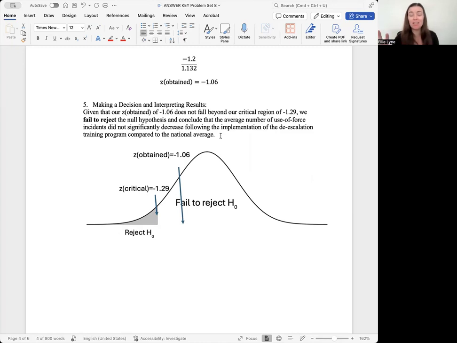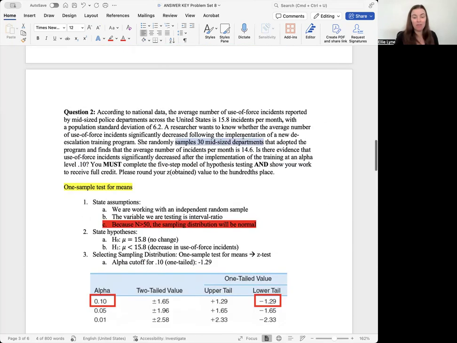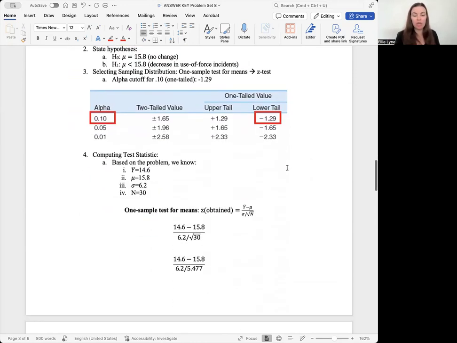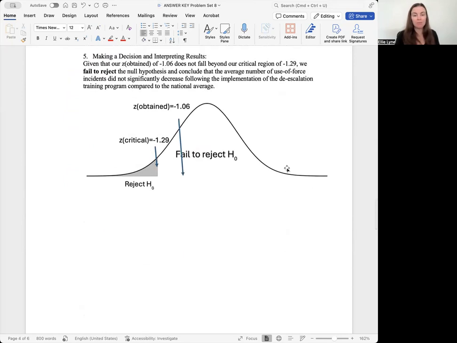And so essentially, in this case, we found that we do not have enough evidence to significantly say that this training program worked, right? And so that would be the answer that we would give the researcher and whoever might be interested in knowing that, if it was a specific police department or whoever might be funding this particular research study, right? That would be the conclusion we would come to at that time.